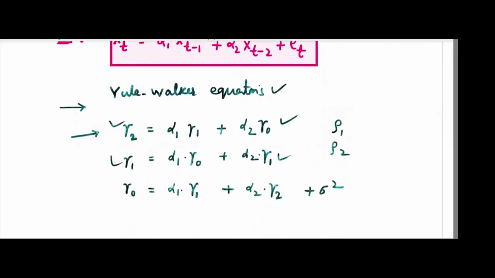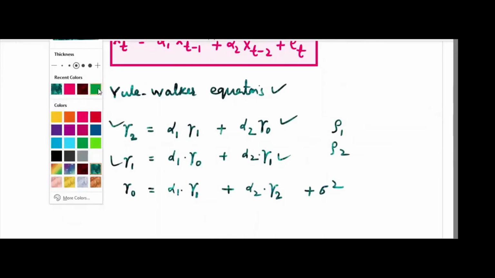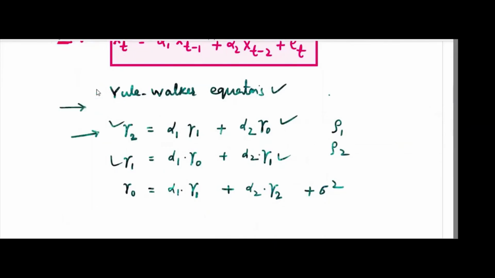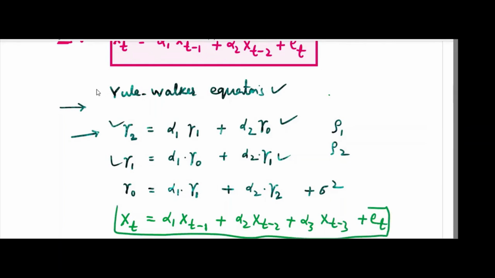Suppose instead I will write the equation this way. I'll write the equation here. I'll make it AR3. xt, I will write alpha 1 xt minus 1 plus alpha 2 xt minus 2 plus alpha 3 xt minus 3 plus et. So in this case, if you find directly, it will take a lot of time.